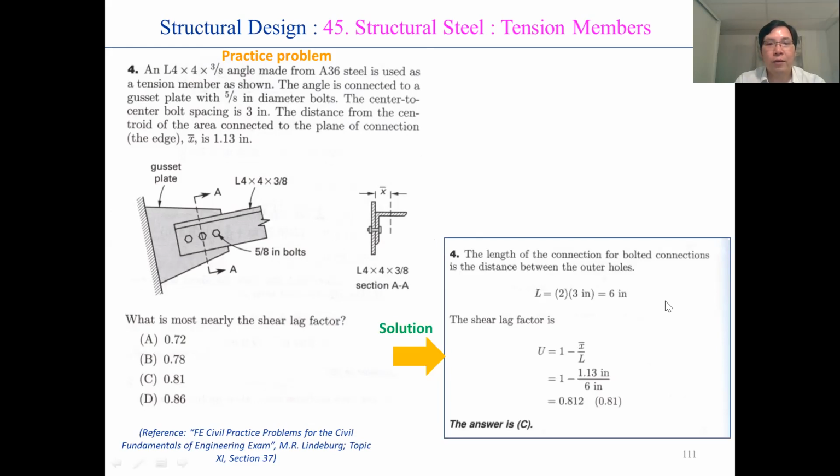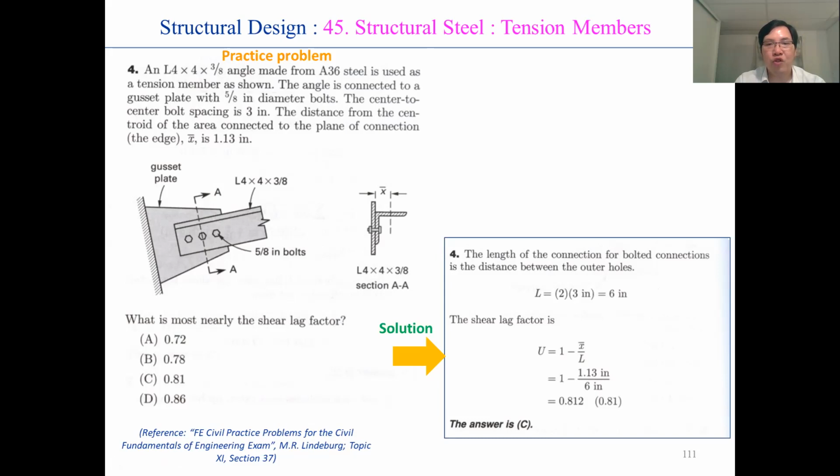So here is the solution. Firstly, you calculate the length of the connection for the bolted connection. This length is the distance between the outermost bolts. L equals 2 times 3 inch equals 6 inch.